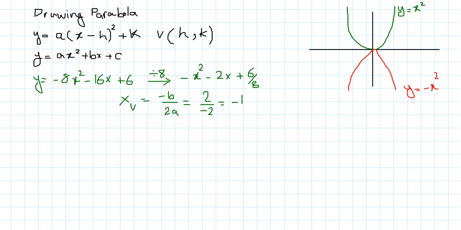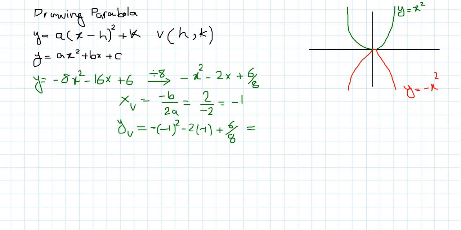If we plug in minus 1 into this equation, we have minus 1 squared minus 2 times minus 1 plus 6 over 8, or 0.75.